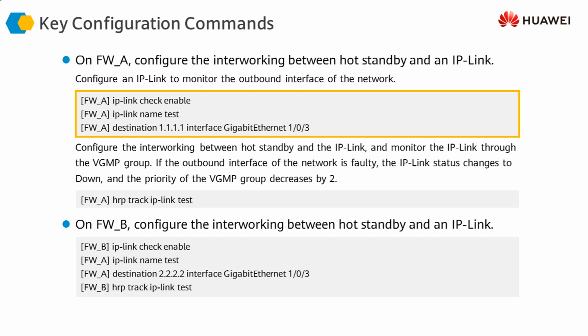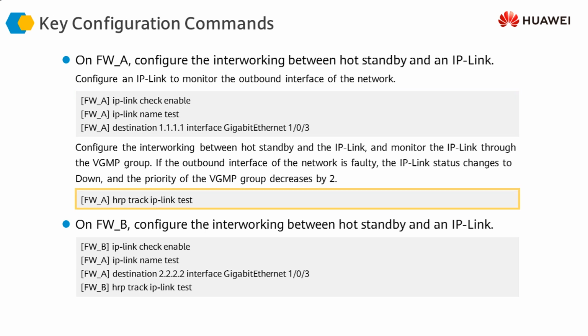Then we define the destination IP address which we want to track, which means that the firewall is going to be sending ICMP packets or ARP packets to this IP address outside of this interface. So we are implementing IP link to this IP through this interface.